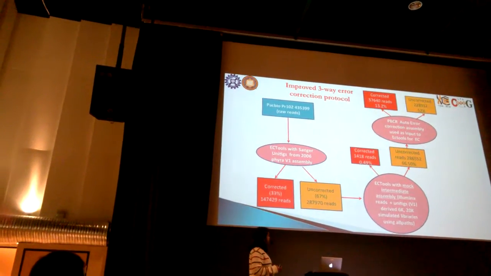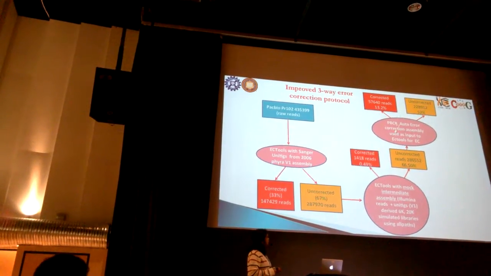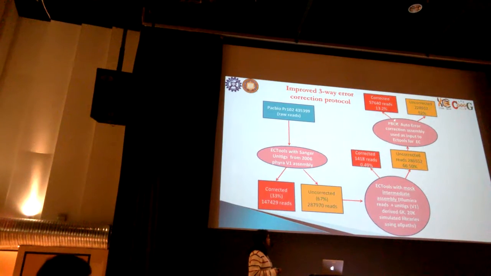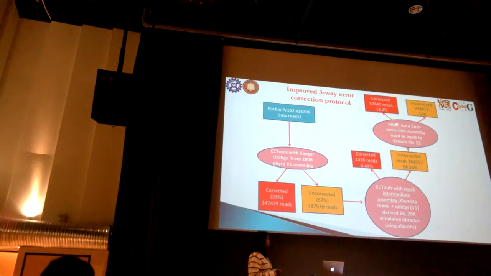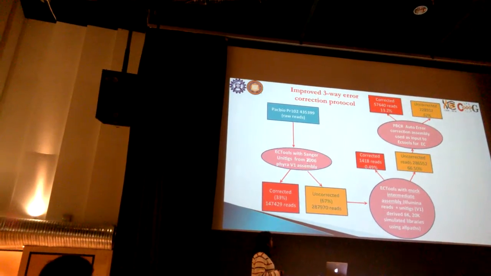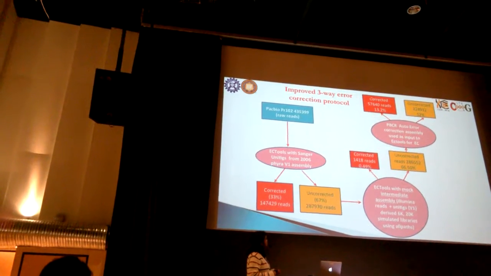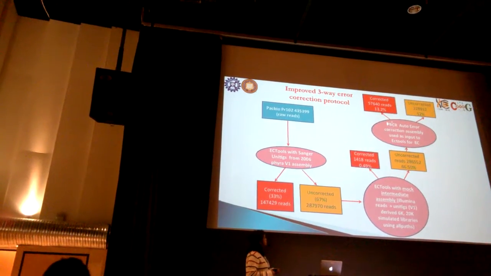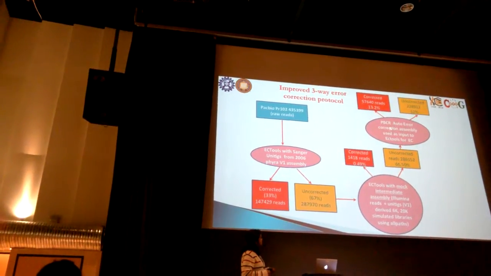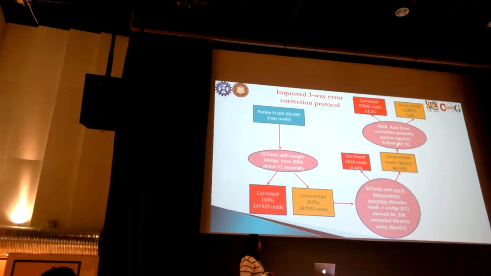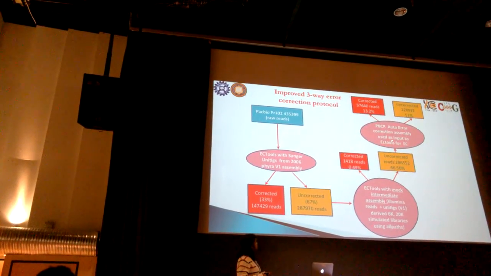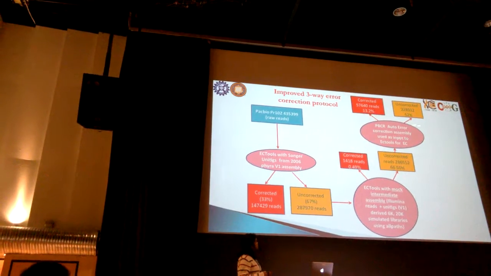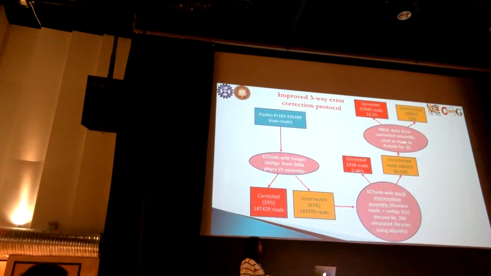Then we devised a unique way to incorporate the inbuilt mechanism of PacBio to Celera Assembler along with EC Tools, to see if we could correct some more. What we did was use PBCR auto error correction of these PacBio reads and generate an assembly from that, and that assembly was provided as an input to EC Tools.